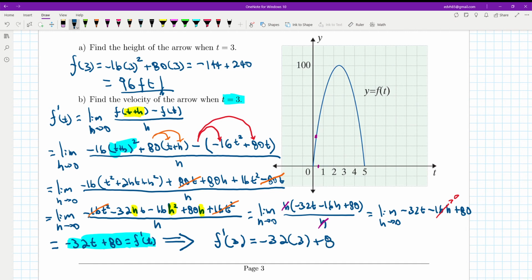So negative 32 times 3 plus 80. We need to compute this value. Let me get my calculator here.